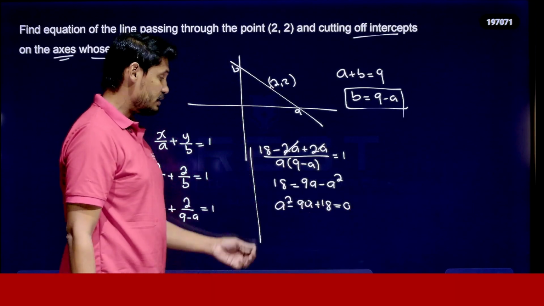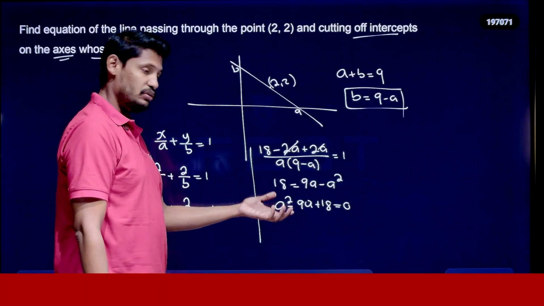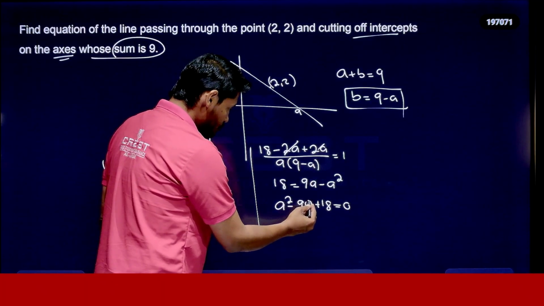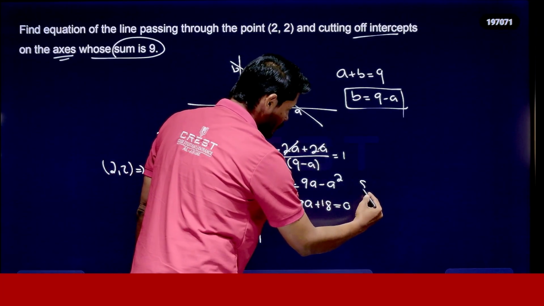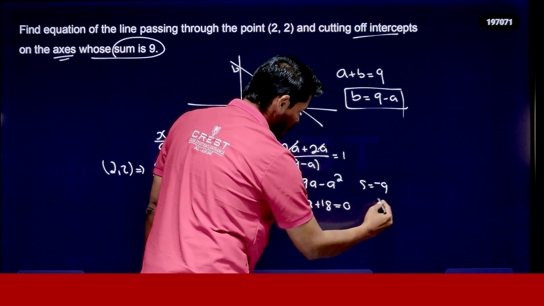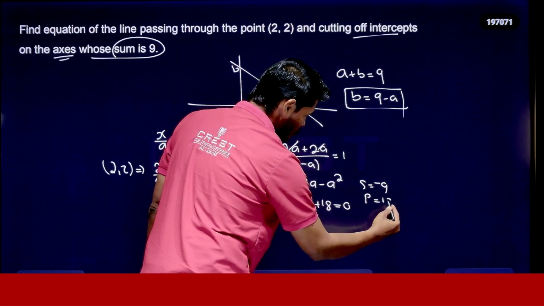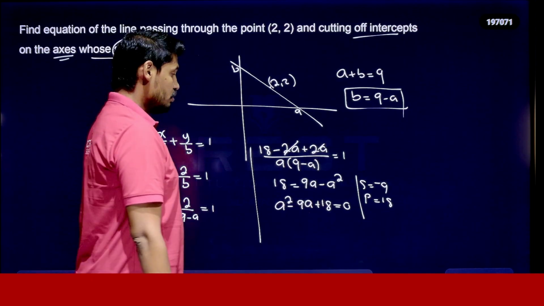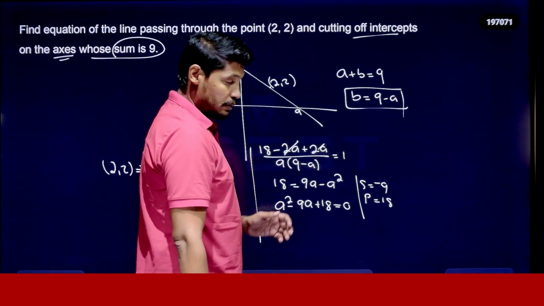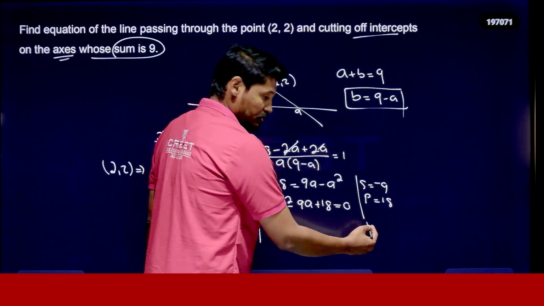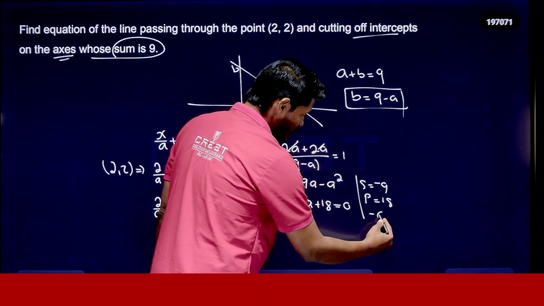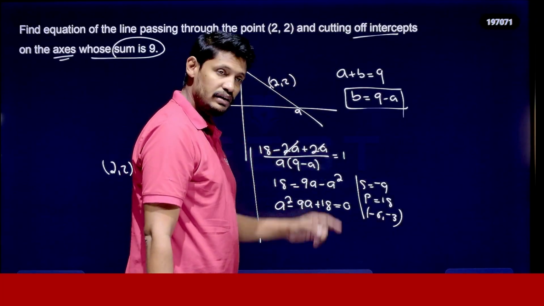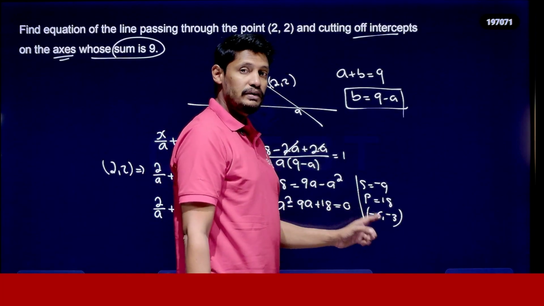Now we have got a second degree equation, a quadratic equation in a. Which are the values? The sum is minus 9 and the product is 18. So which are the two numbers? When you add, you get minus 9, and when you multiply, the product is 18. It can be minus 6 and minus 3. Minus 6 plus minus 3 is minus 9, and minus 6 into minus 3 is 18.